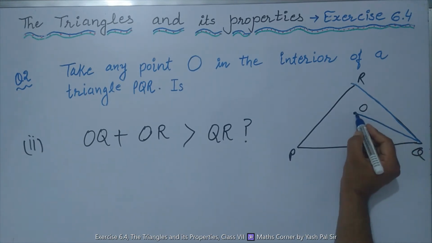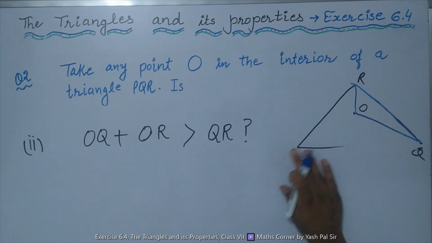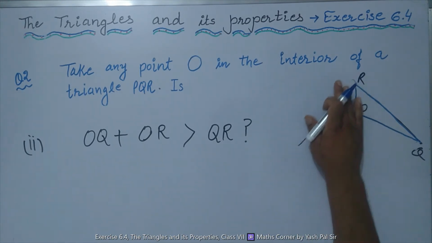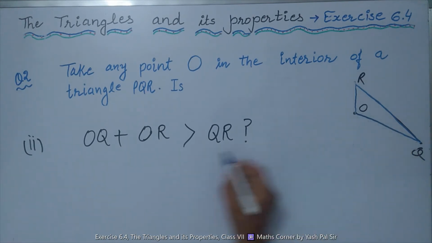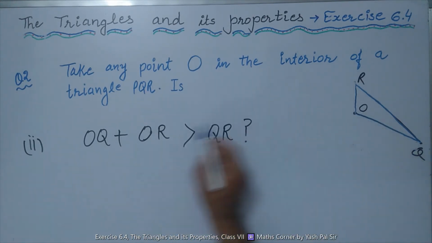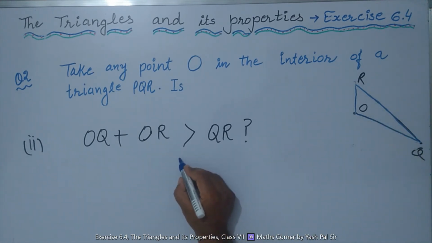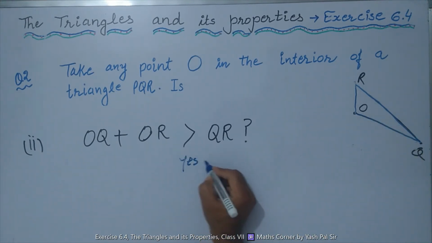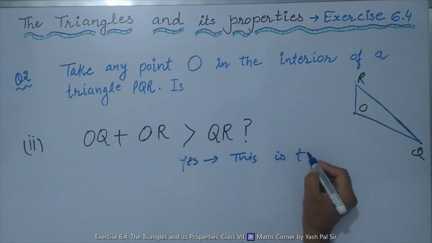OQ plus OR. Yes, again we forget the remaining part of the triangle. Only this is our target. Sum of two sides is always greater than the third side. So what we say? Yes, this is true.